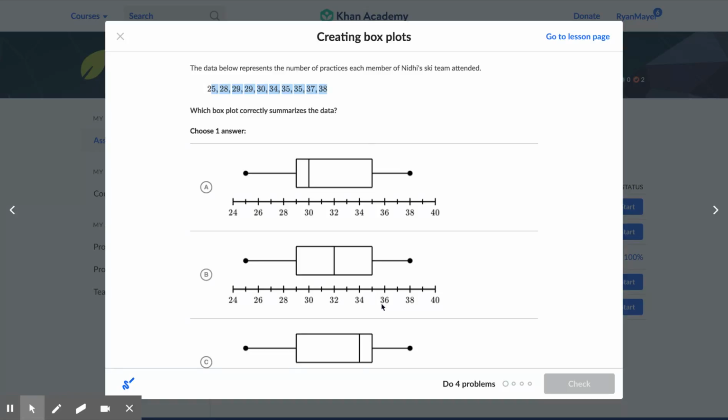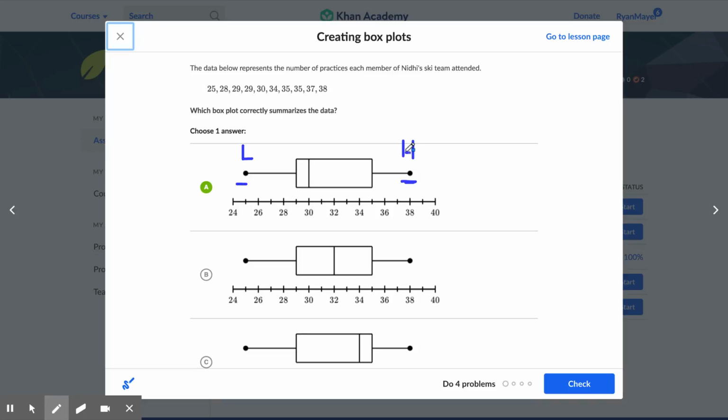So when we're going through this, if you guys remember on a box plot, these dots here represent our lowest number and our highest number.